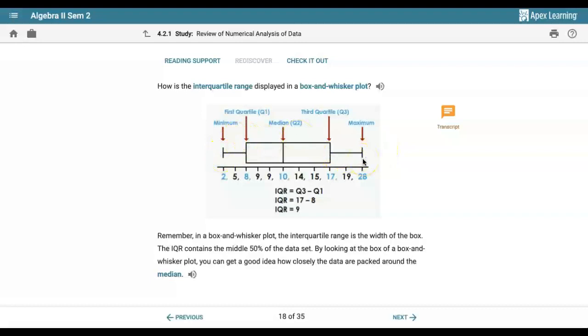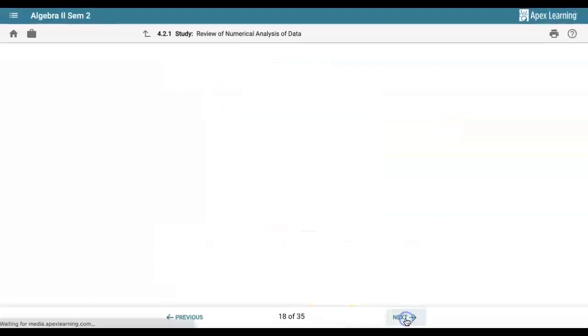Okay, and so it represents the middle portion of our graph here. Looking at the interquartile range, if this is a very large region, or a very wide region, we can assume that it's not very close around the data set. Versus, again, if this was really close and really tight in a very small interquartile range, it would tell us that all of our data is very, very close to this median point or this middle point here.